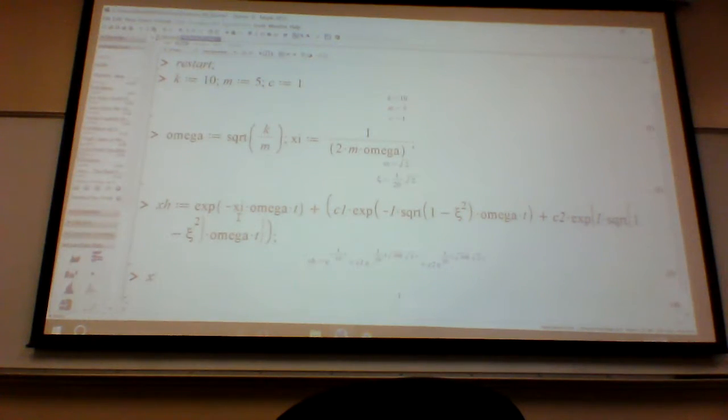The x particular was equal to what? Negative 0.0868 times cosine 5 times t plus 0.0038 times sine 5 times t.